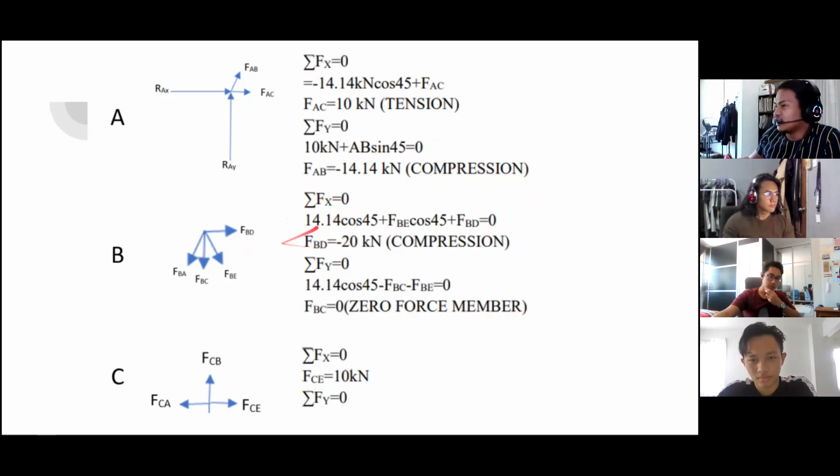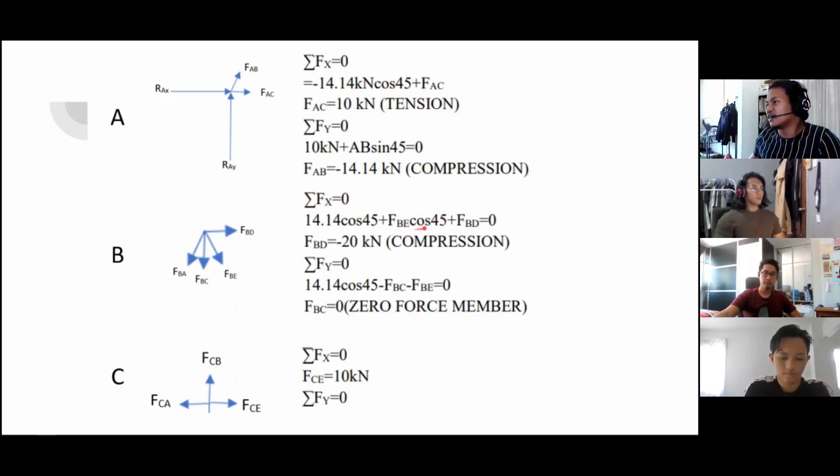For joint B, we calculate the horizontal components in equilibrium, and we take the FAC force, then convert it to horizontal components plus FBE plus FBD, and we get FBD.